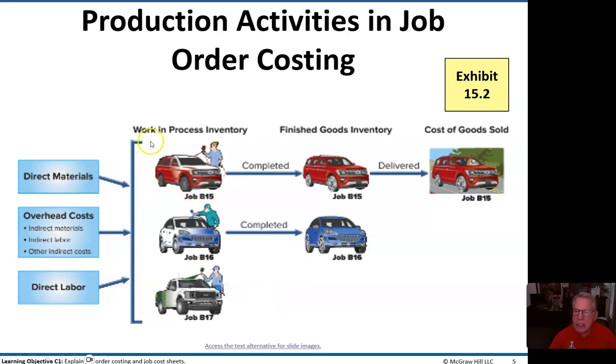Here, we're going to see in work in process inventory how we add direct materials, direct labor, and overhead costs. And there's 3 types of overhead cost: indirect materials and indirect labor, as well as other indirect costs, such as rent on the building and insurance for the building and things like that. So let's take a look at this in a little more depth.